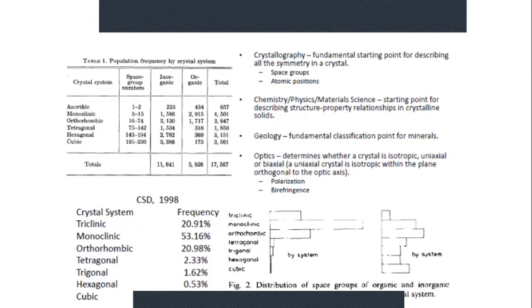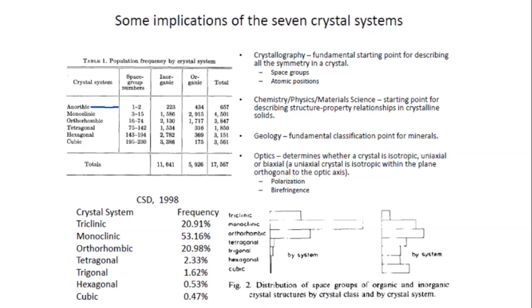And so what we're seeing here on this top graph is the number of space groups in the crystal system, the number of structures that were published for inorganic structures and organic structures for the different crystal systems. And what you'll notice here is that for triclinic, which is called anorthic crystal system, there's only 2 space groups, space group 1 and 2.